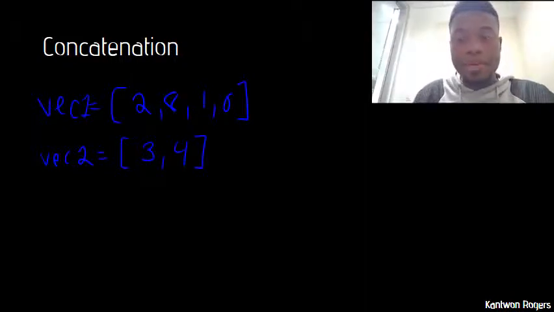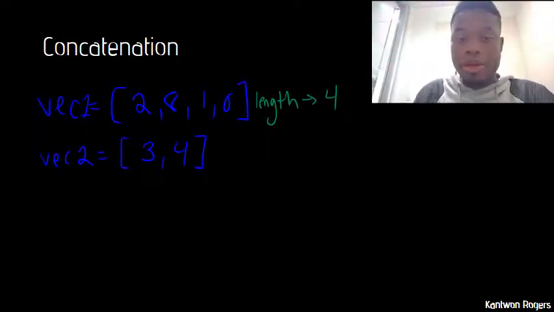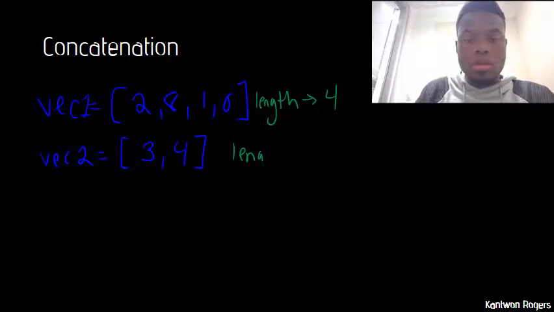And that's it. So our first variable, vec1, the length of this is 4. There's 4 values. In vec2, the length of vec2 is 2.